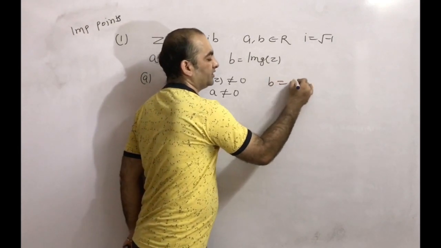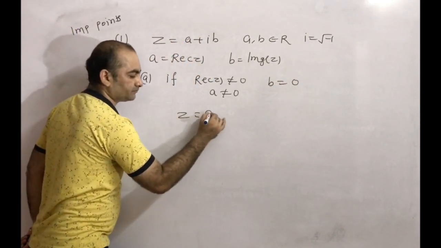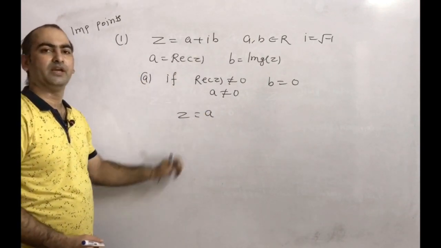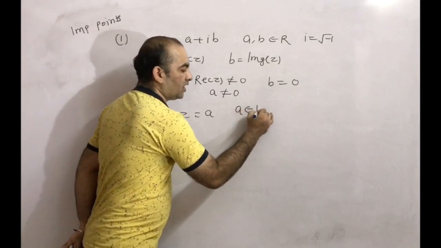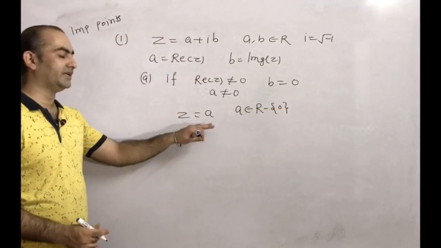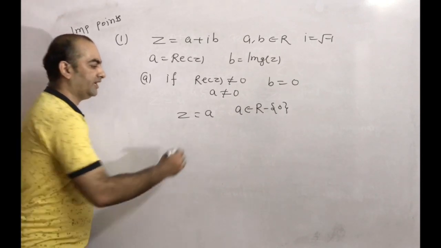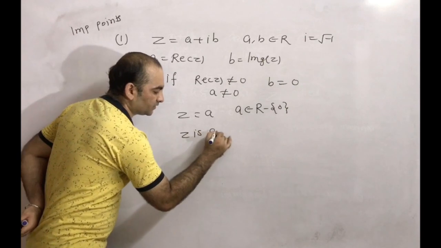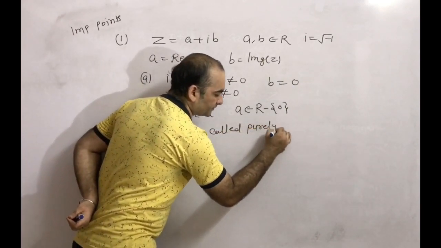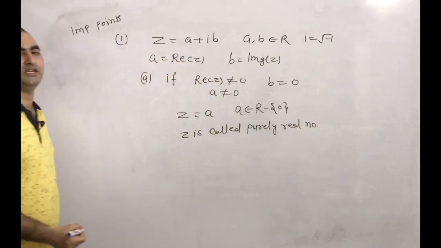Then iota b is gone. We get z equal to a, and a belongs to R minus 0, a real number. So z is called a purely real number.